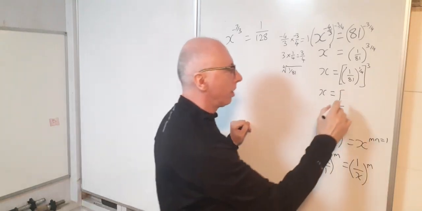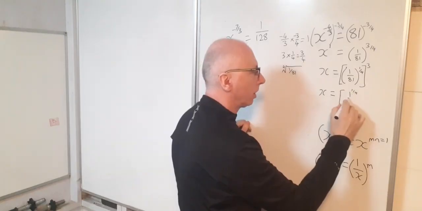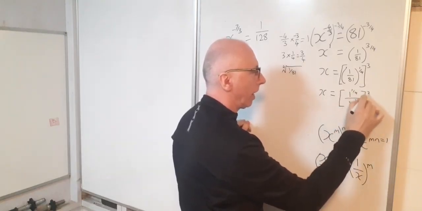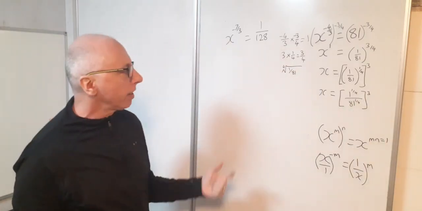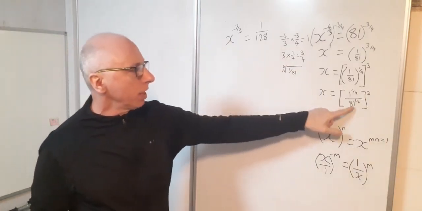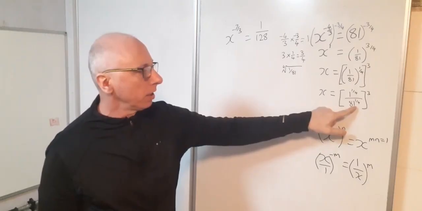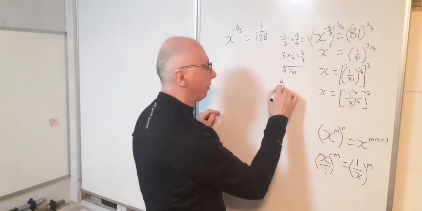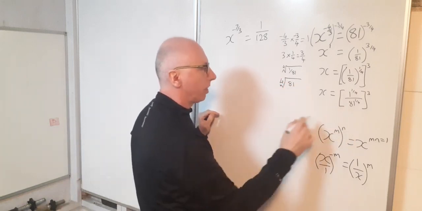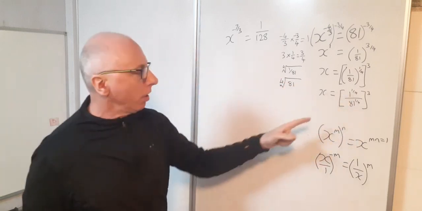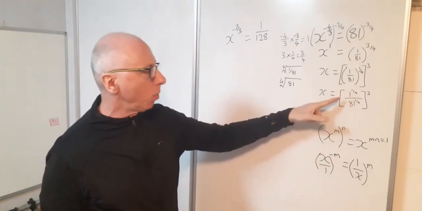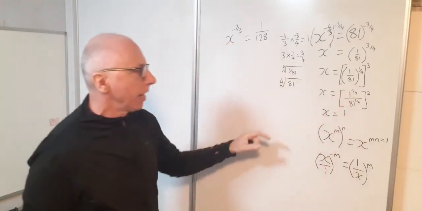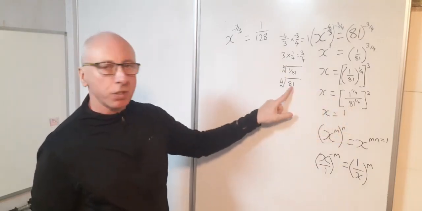Then I've got 1 to the power of a quarter and 81 to the power of a quarter, and then that all cubed. So now I can rewrite this as the 4th root of 81. Whatever I raise 1 to the power of, I still get 1, so my numerator will stay as 1. And then 81, what's the 4th root of 81?